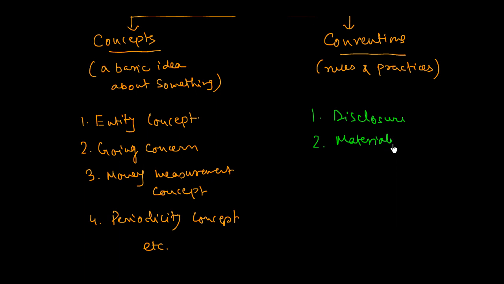Then we have convention of conservatism. And finally we have convention of consistency. So we will discuss all of them in separate videos, each of the concepts and each of the conventions.